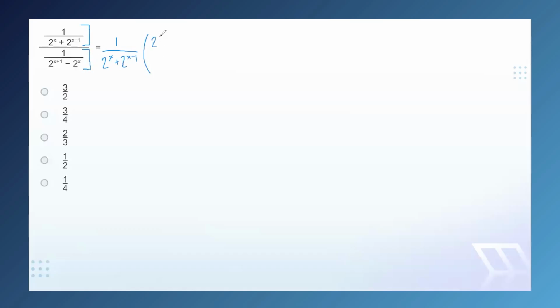So that's going to be 2 to the x plus 1 minus 2 to the x over 1. All right, from here, multiplying is pretty straightforward. We're going to get 2 to the x plus 1 minus 2 to the x all over 2 to the x plus 2 to the x minus 1.